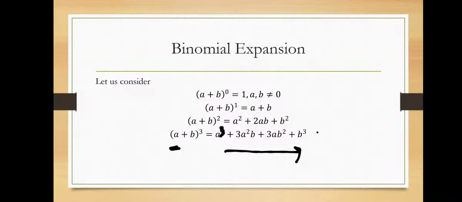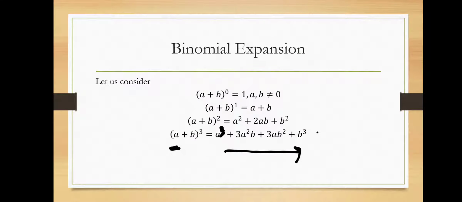And similarly in the first term b was not there, that is b to the power 0. Then it started with b, b squared, b cube. So this gives us the idea that in case of expanding any higher power of a binomial, the powers of the first term diminish and the power of the second term increases till the degree of the given binomial.